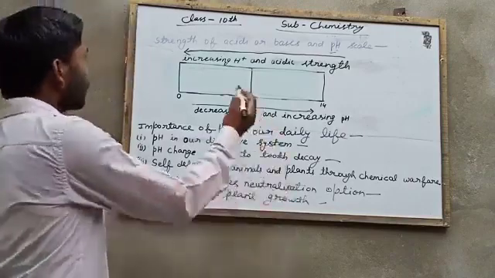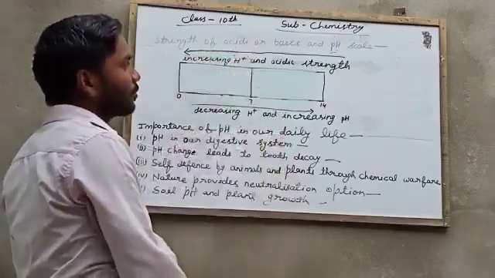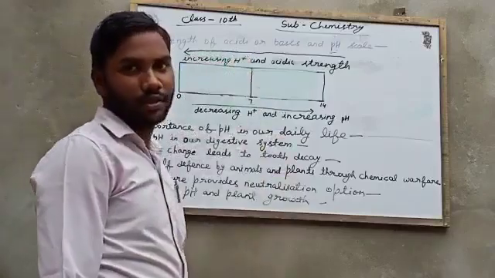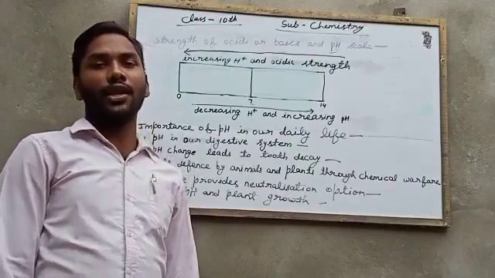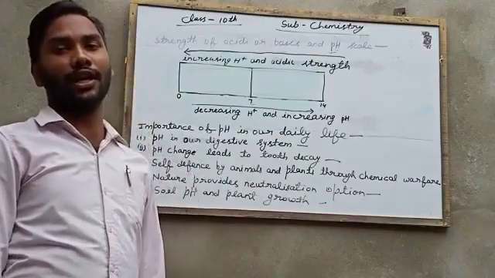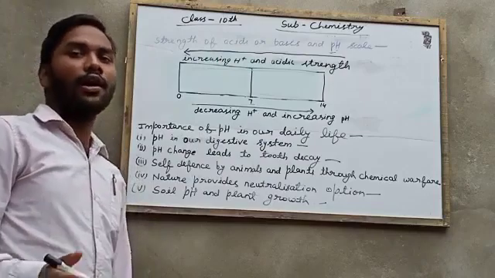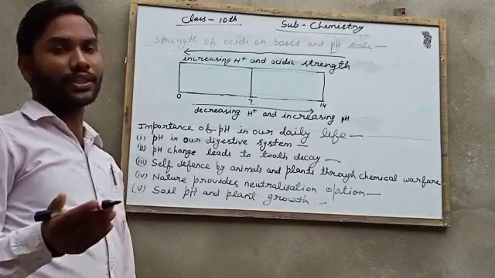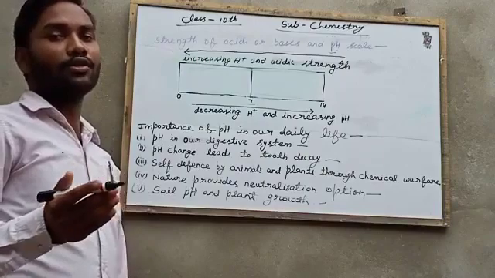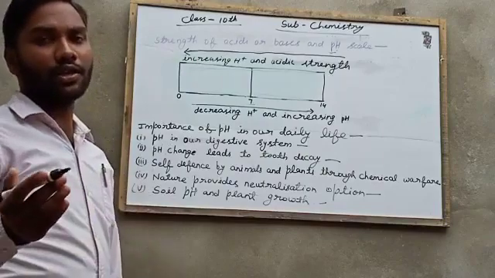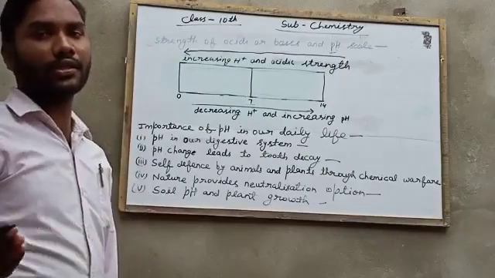Today we are going to discuss the strength of acids or bases and the pH scale. We know that acids and bases can be distinguished by using indicators. After the dilution of acids or bases, hydrogen ions or hydroxide ions decrease in the solution.